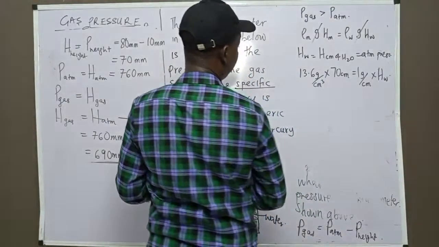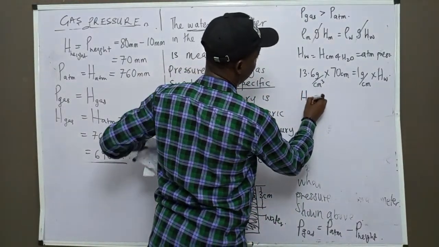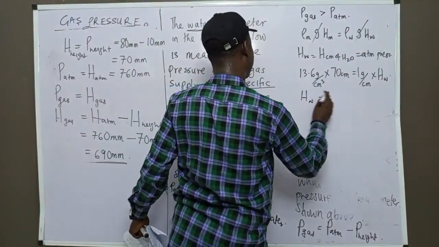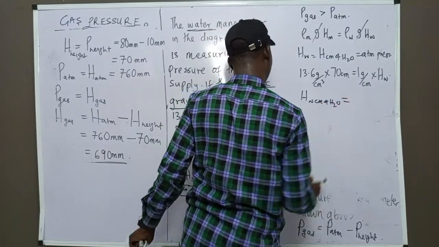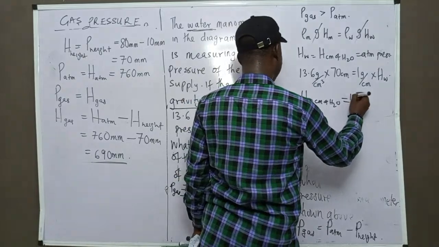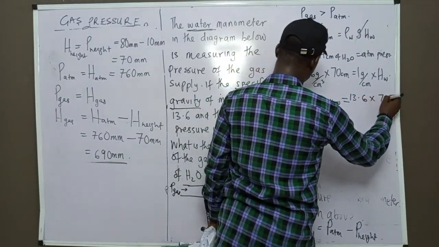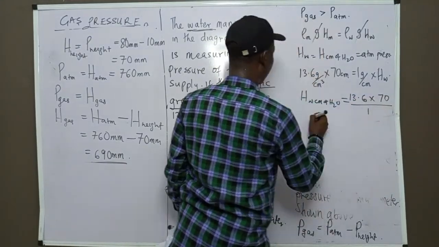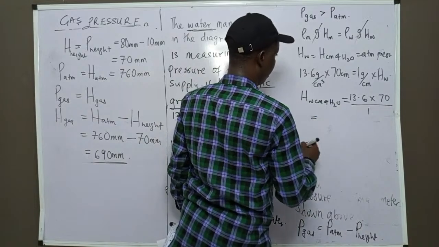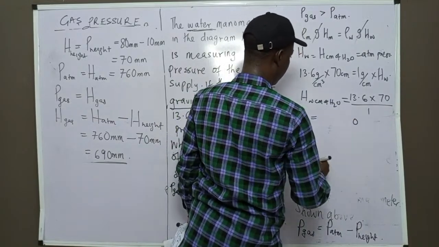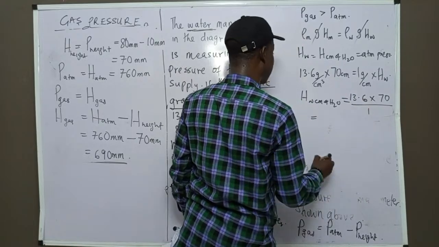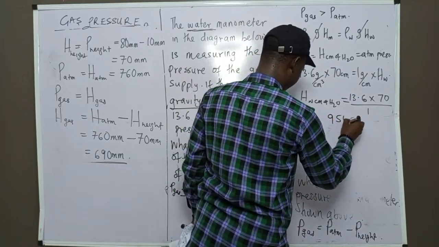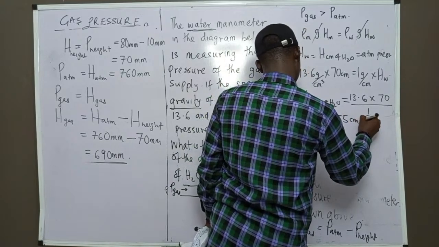So we solve for the height of water in centimeter of water. That gives us 13.6 times 70 divided by 1. Let's say 136 times 7, you have 955 cm of water.